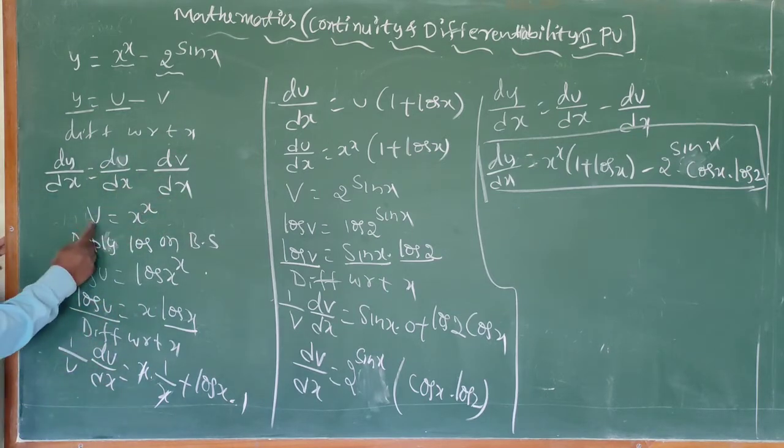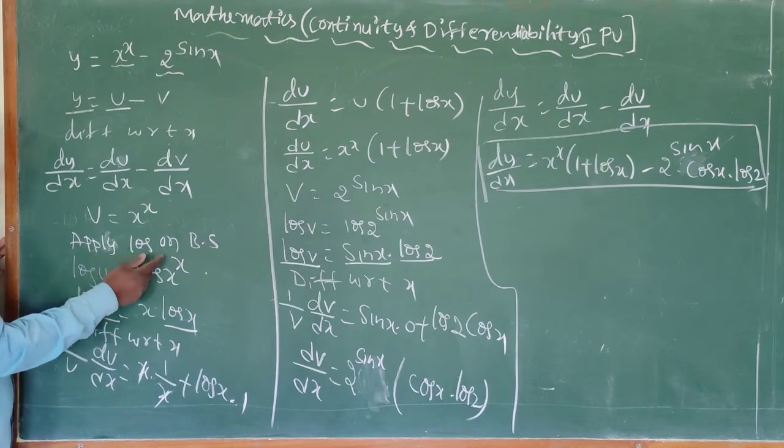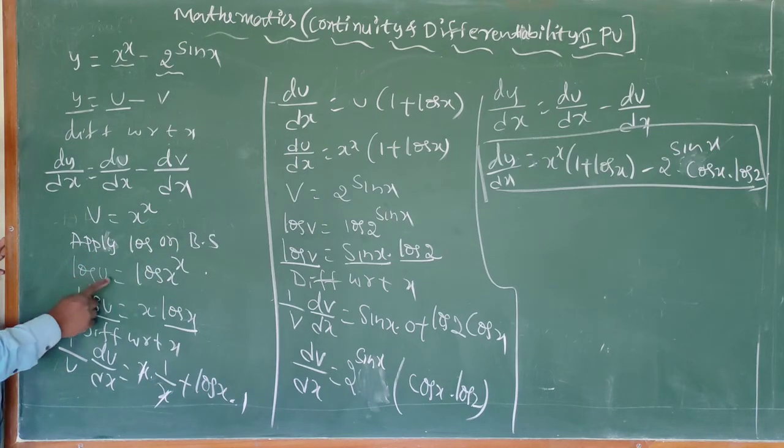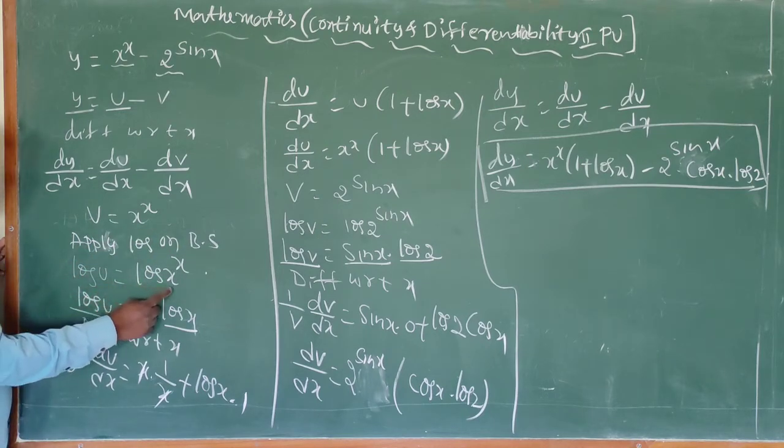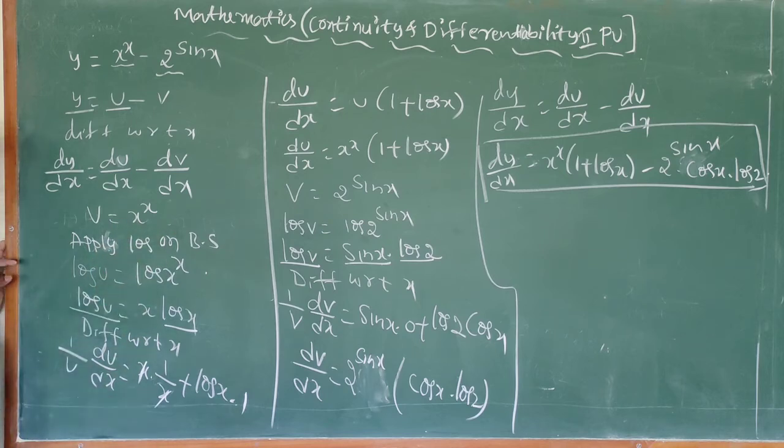So u is equal to x to the power of x. Apply log on both sides. Log u is equal to log x to the power of x, so log u is equal to x into log x. Now differentiate with respect to x.